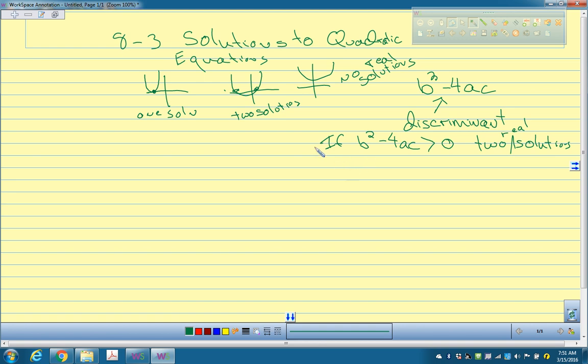And then kind of a subset of that, if I were to write an A here: if b squared minus 4ac is a perfect square, then you have two rational solutions.